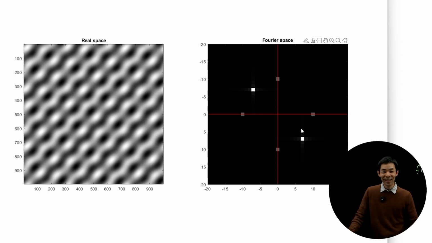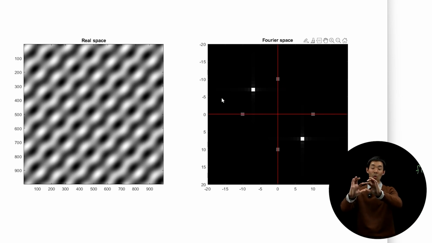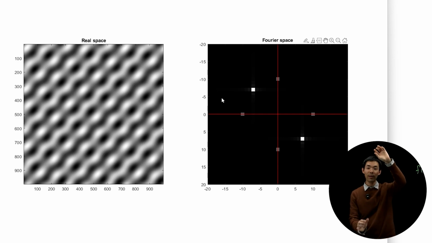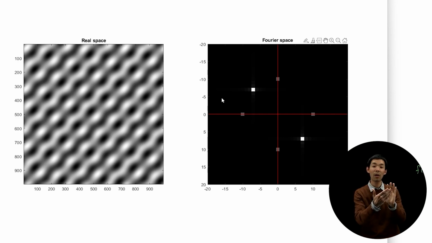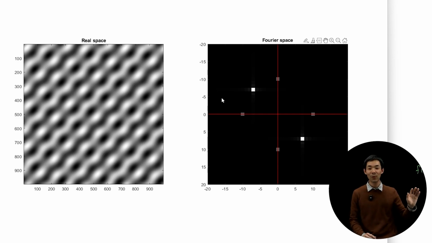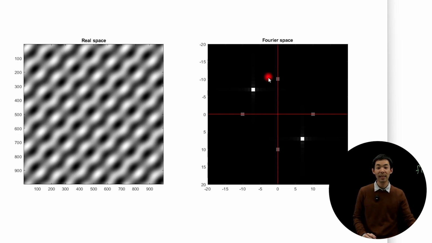So because the amplitude of the waves that fall along the negative 45 in this image is twice as deep, twice as tall, the brightness of that point is twice as bright as the points that fall along the y-axis and the x-axis for n and m. Horizontal wave, vertical wave. Those waves are smaller in amplitude, and therefore in the Fourier series diagram, it appears dimmer.